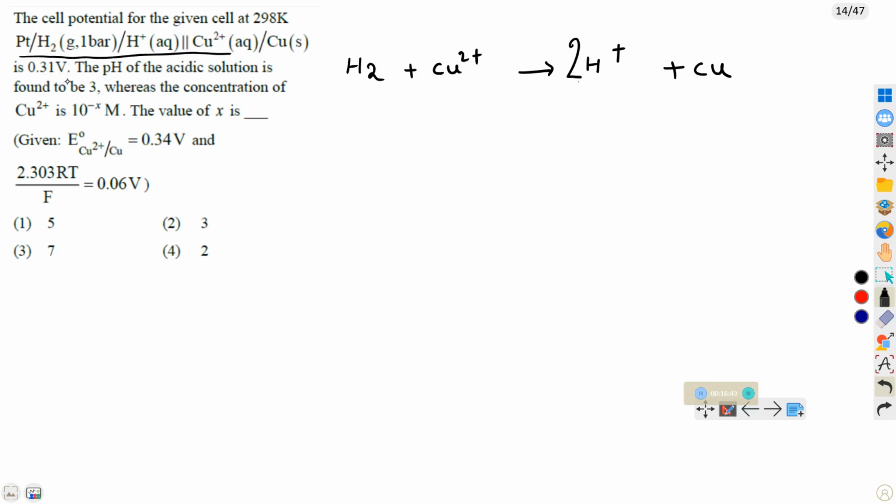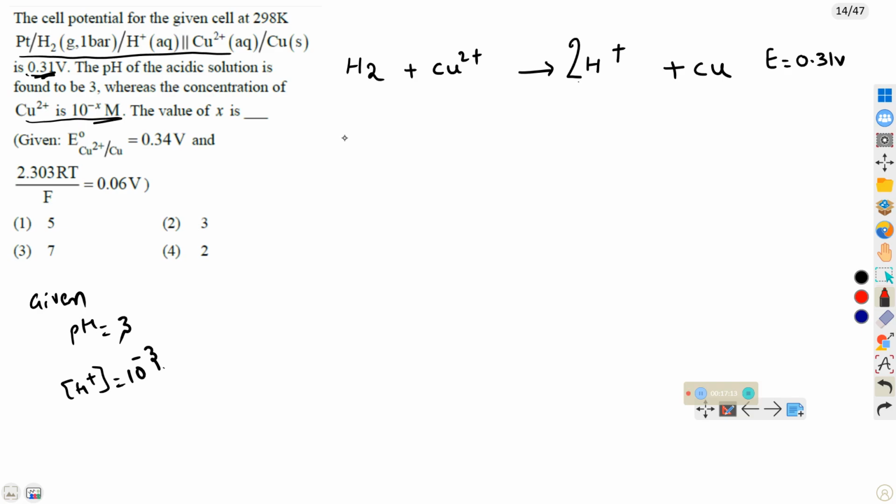The EMF of the cell is given as 0.31 volts. The pH of the acidic solution is found to be 3. Given pH is equal to 3, so the H plus ion concentration is 10 power minus 3, whereas the concentration of Cu2 plus is 10 power minus x. Calculate the value of x.